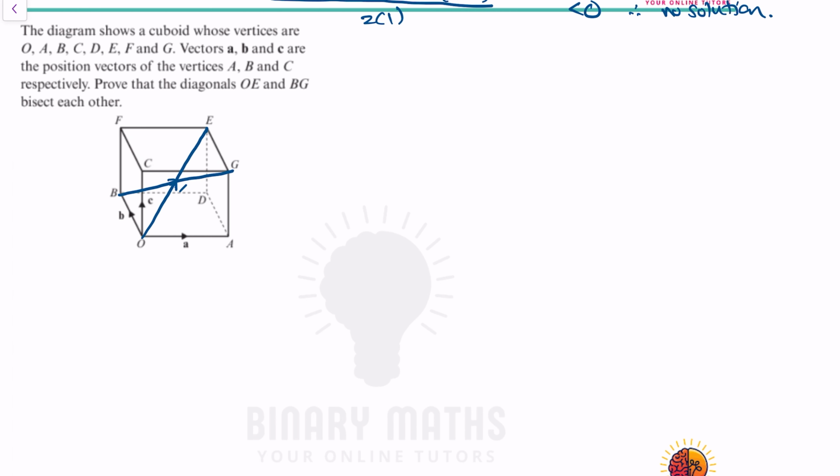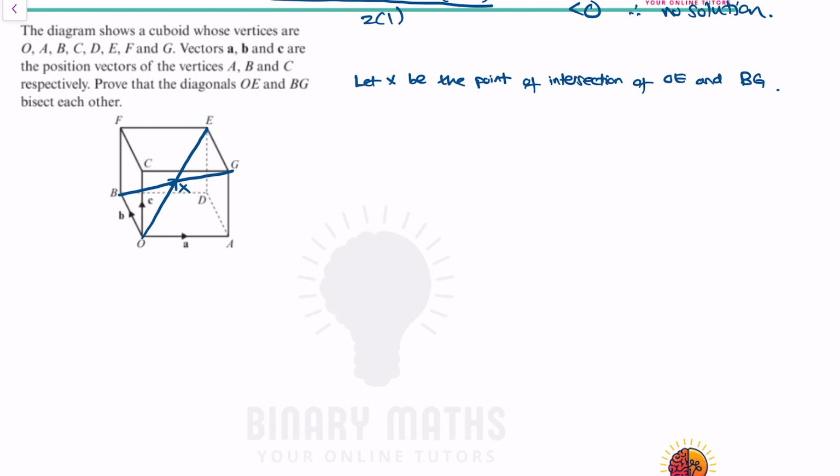So let's call this point of intersection X. So let X be the point of intersection of OE and BG.